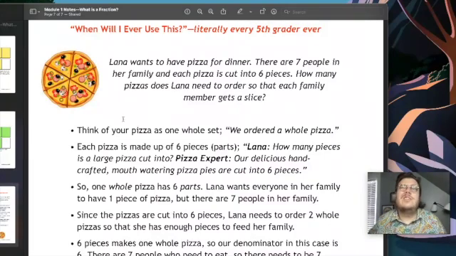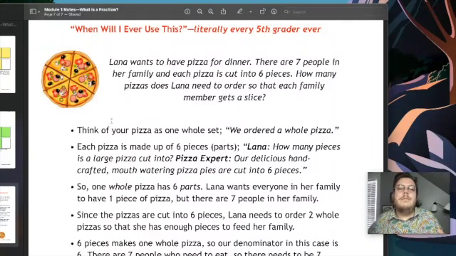And I also need to know how many pieces Lana needs to feed her whole family. Okay, what do I already know? Well, I already know that Lana has 7 people in her family and that a pizza is cut into 6 slices. So what we're going to do is take that information and we're going to go from there.